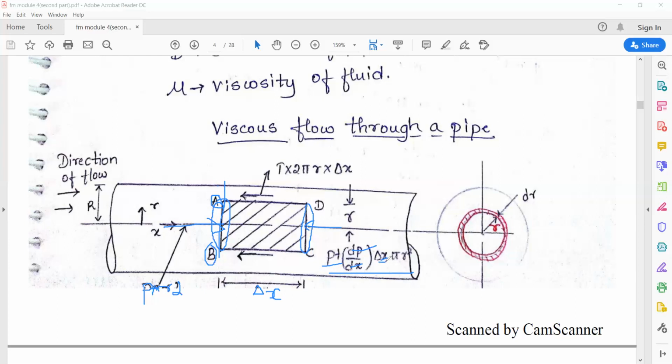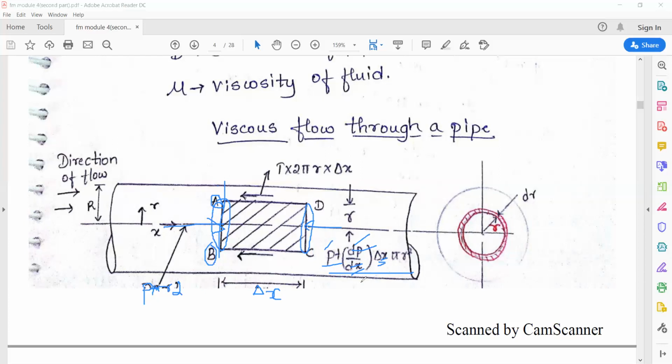Delta x is the distance between the two ends of the fluid element, right? So there is an initial pressure, and the pressure changes along the x direction at a distance delta x. That is what the equation denotes: P plus dP by dx into delta x.